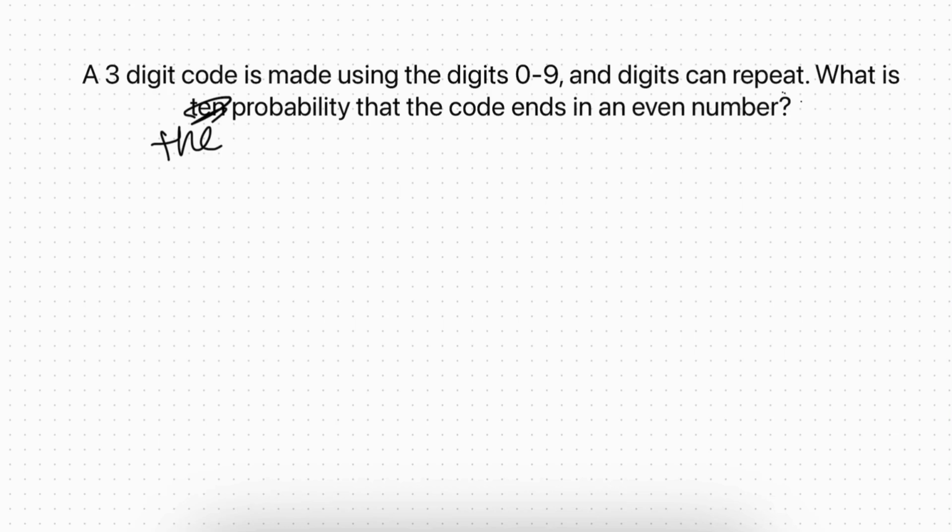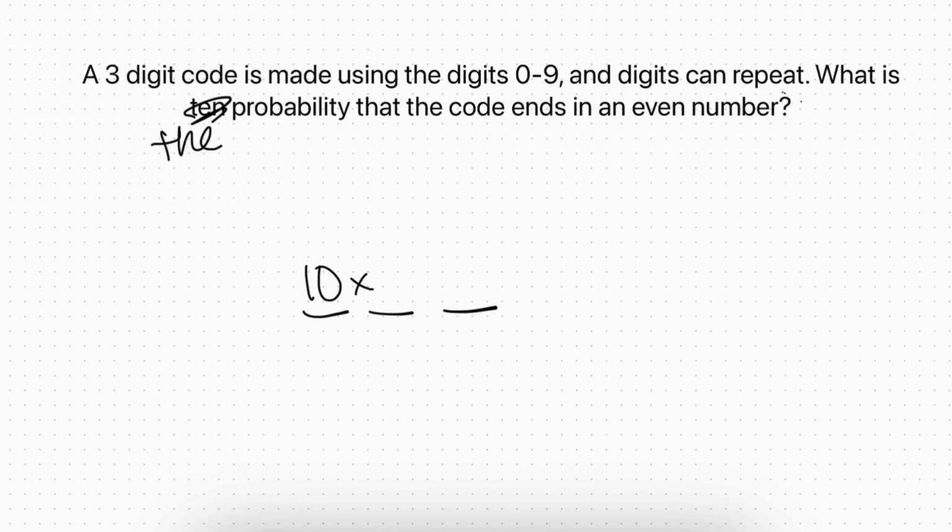Okay. So I think what we should do in this case is figure out the total number of 3-digit codes possible. To do that, I'm going to write down my 3-digit number. I wrote 1 space for each digit, and it's using the digits 0 through 9. Each digit has 10 possibilities since there are 10 digits from 0 through 9.